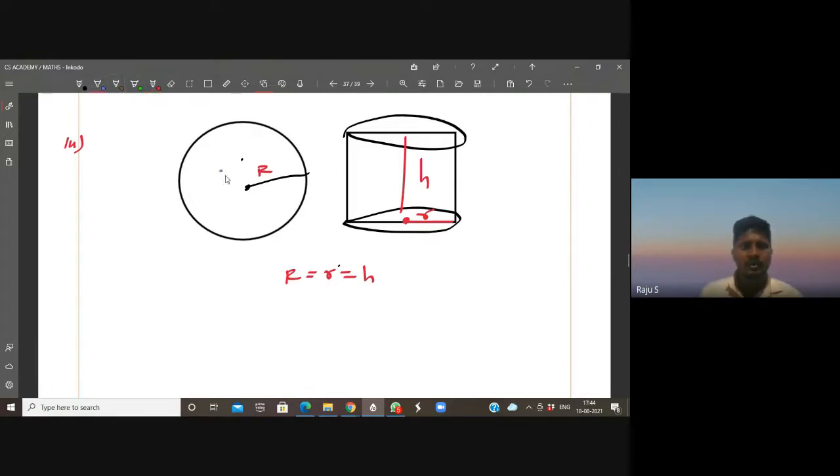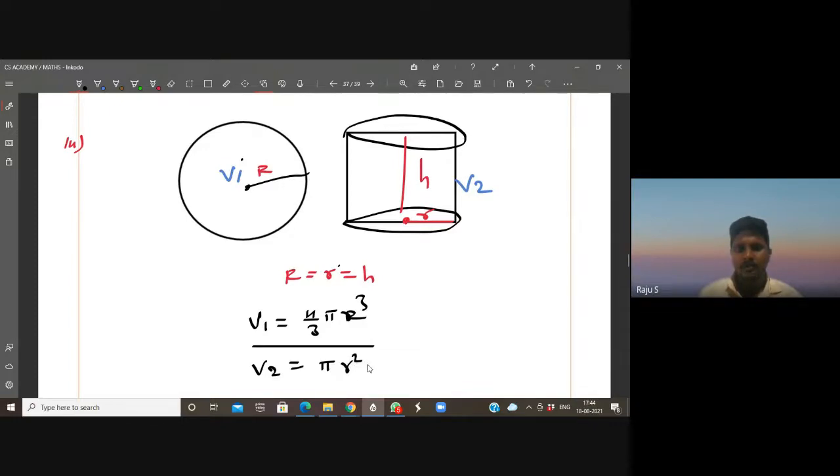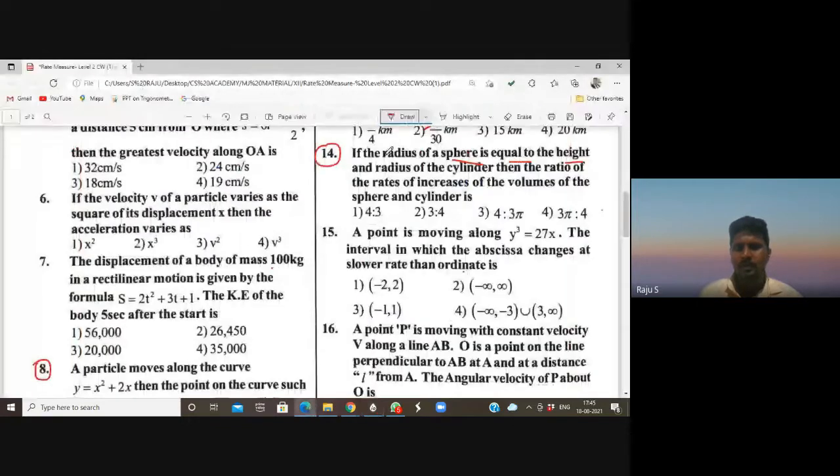So V1 is the volume of the sphere, V2 is the volume of the cylinder. What are the formulas? V1 is equal to 4 by 3 pi r cube, and V2, the volume of the cylinder, is pi r square h. Then here, 4 by 3 pi capital R cube over pi into R square into h, which is capital R. Because in the question, the radius of the sphere is equal to the height and radius of the cylinder.